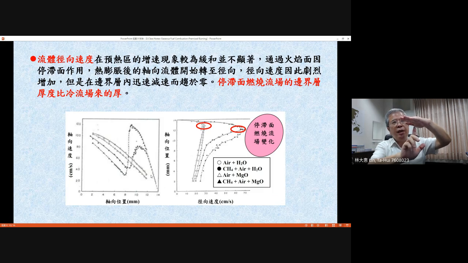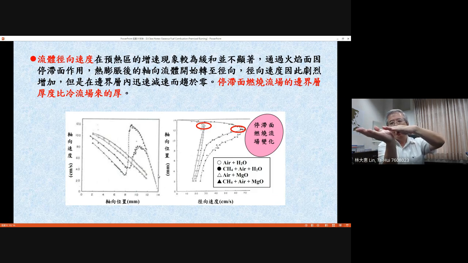Then suddenly they will increase dramatically to high velocities, and later on they will decrease because of the influence coming from the stagnation plane. But you remember that the tangential velocity, that means in this case the radial velocity on the flame, does not change too much.